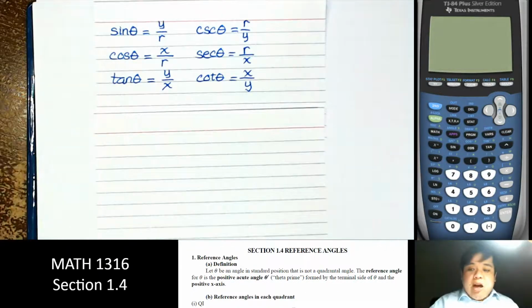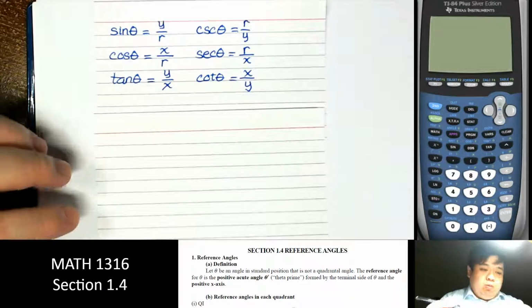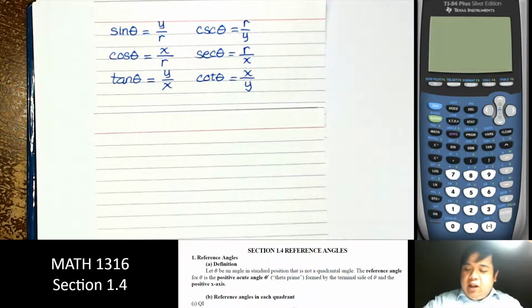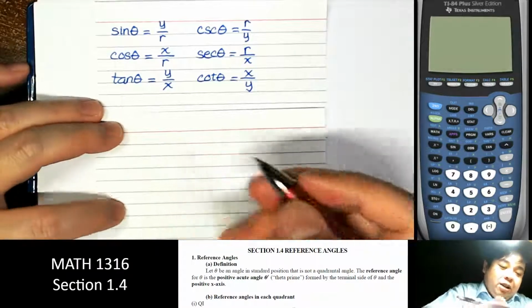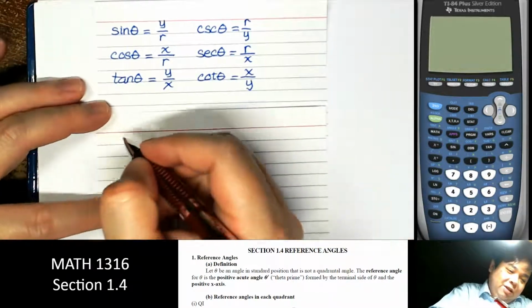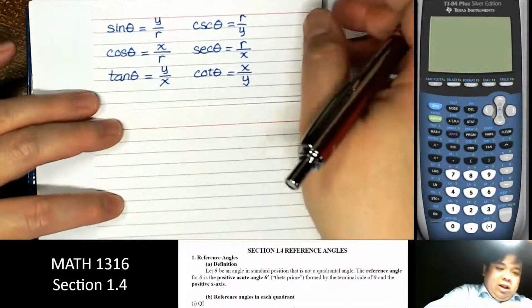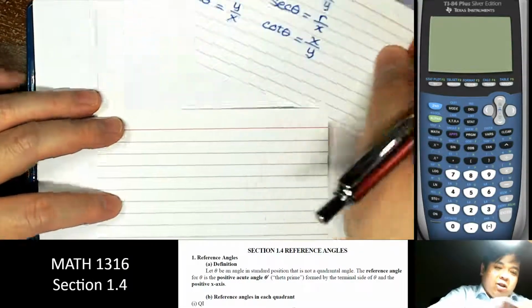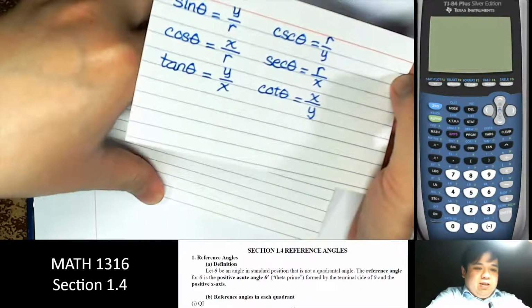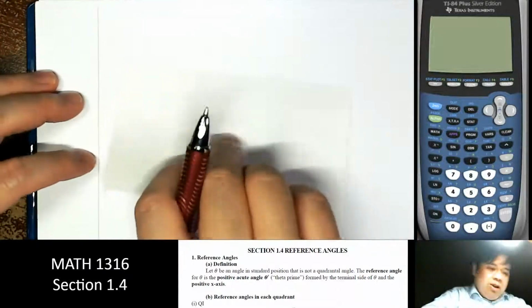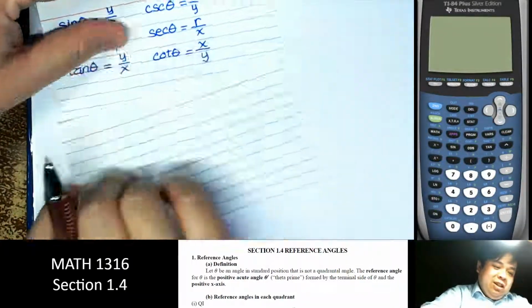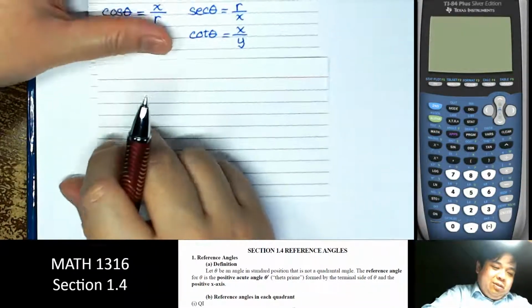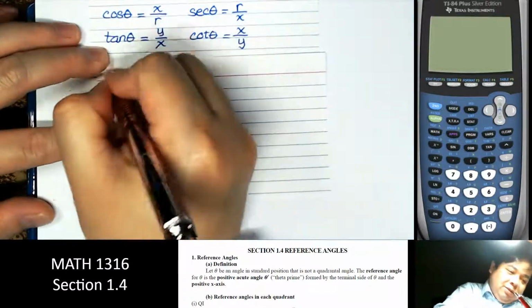On the back, now some special values are 0, 30, 45, 60, and 90 degrees. So you can write on the back of that reference card.